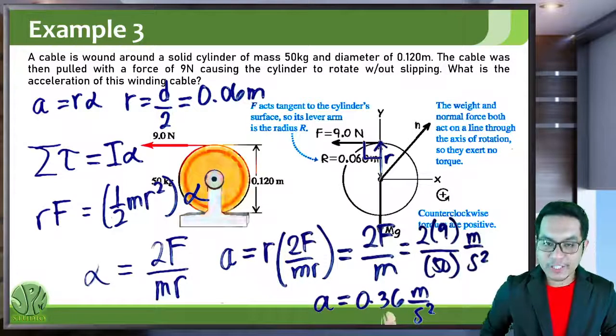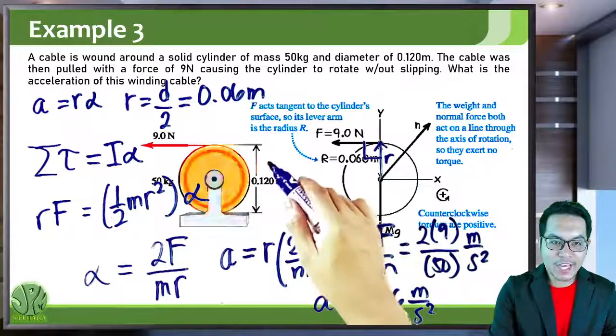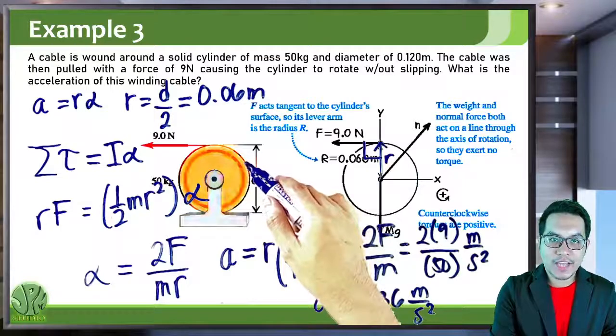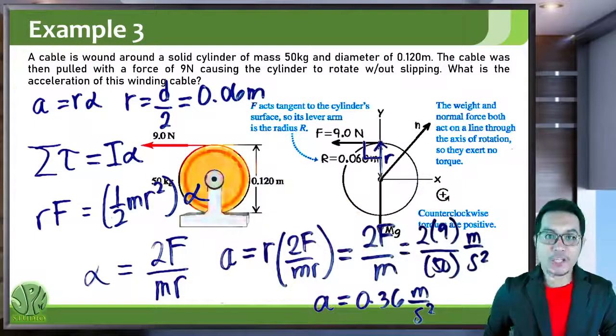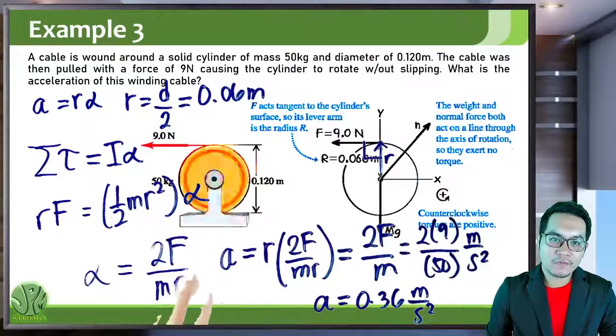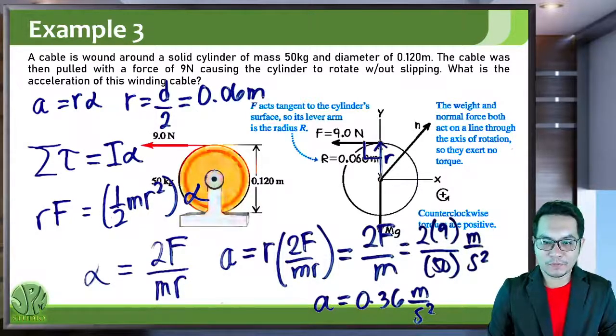So this is the tangential acceleration at the edge of the cylinder, and that is also the acceleration of your cable, because we assume that the cylinder rotates without slipping from the cable. So that one, easy peasy.